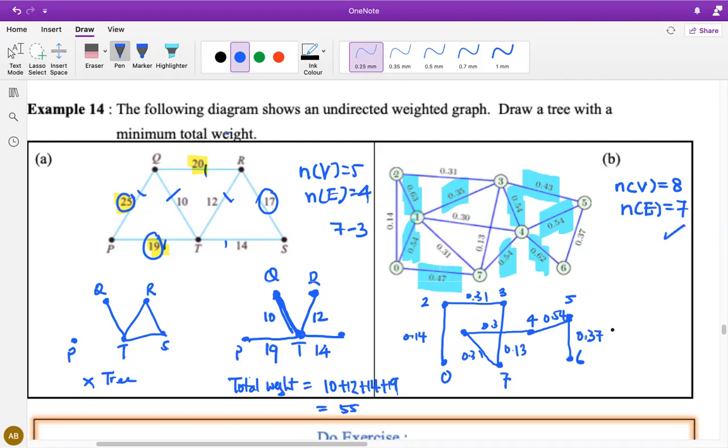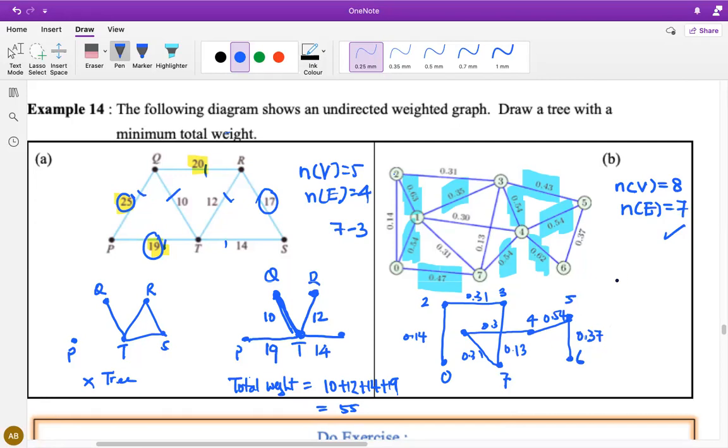Correct. Right? Then we can check whether this is minimum or not. Of course, there are many other routes here that you can connect 0 to 6. All the points are connected with edges. But we want a minimum one, right?